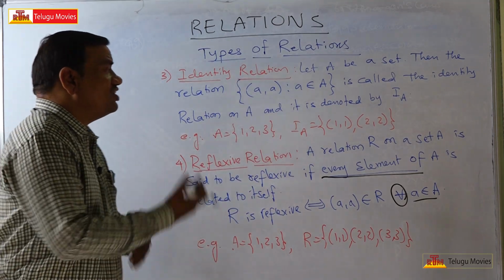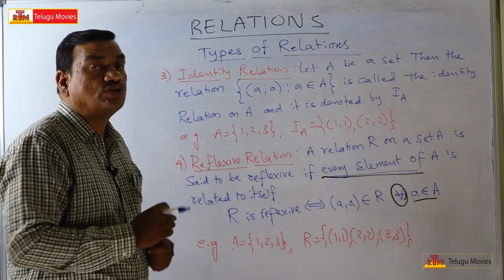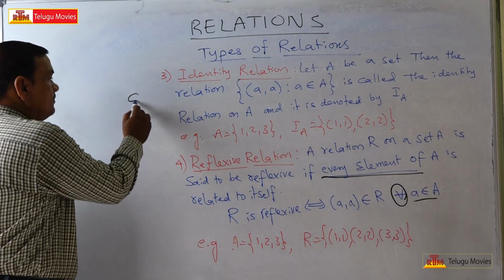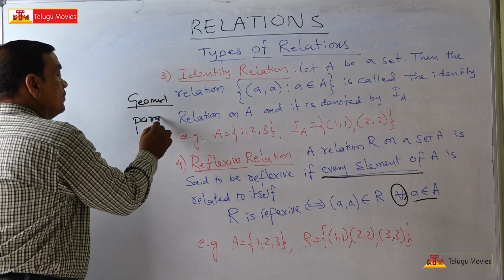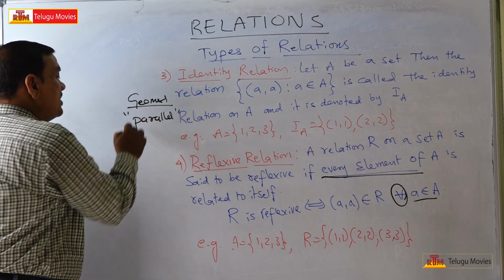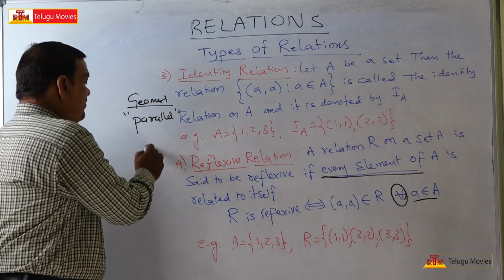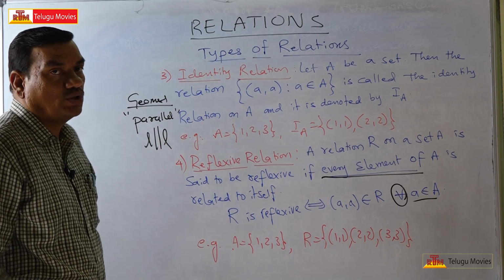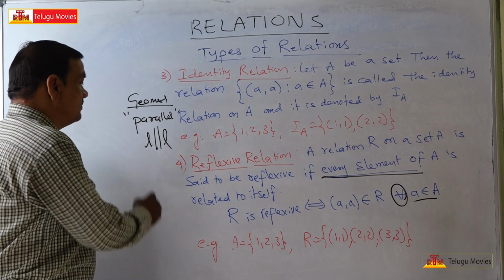Right. In geometry, what are the relations which are reflexive? The relation parallel to is a reflexive relation. How can you say? Every line is parallel to itself. Therefore, parallel to is a reflexive relation.